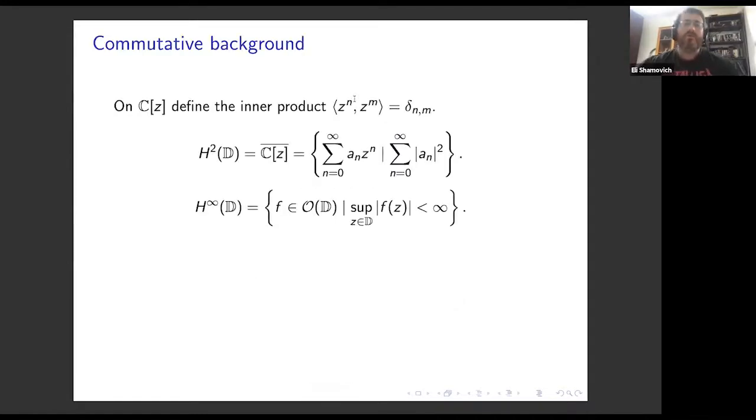Let me go over the moves one more time, and I'll describe the very well-known H2 of the disk and the bounded analytic functions on the disk, H infinity.